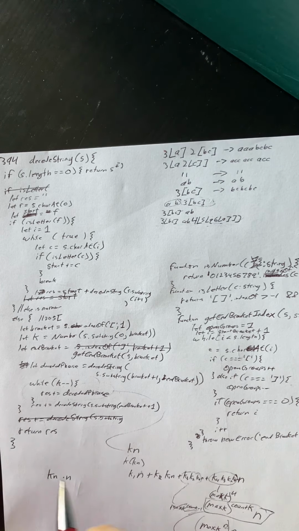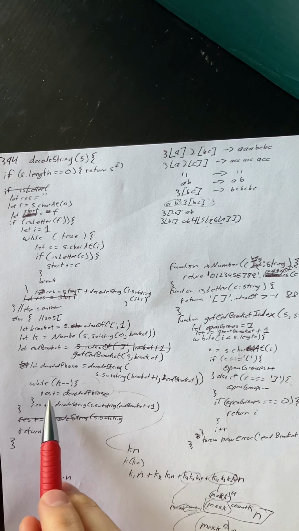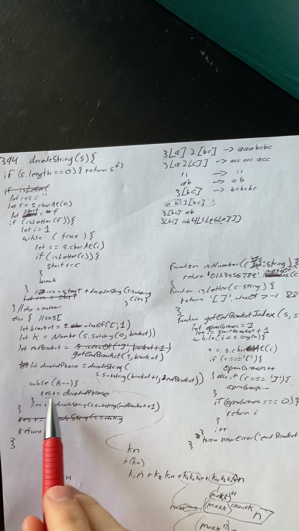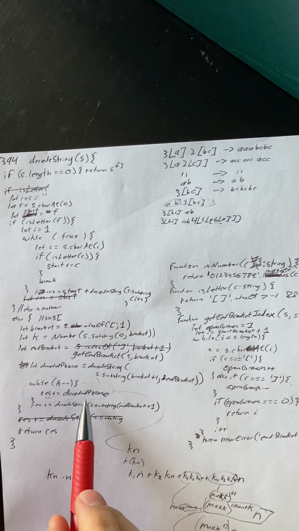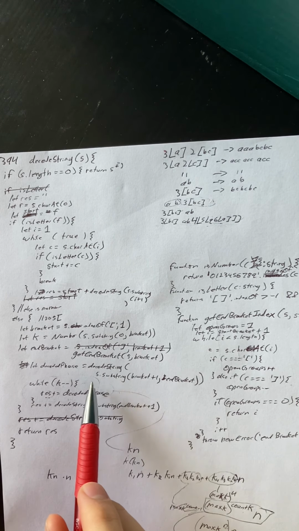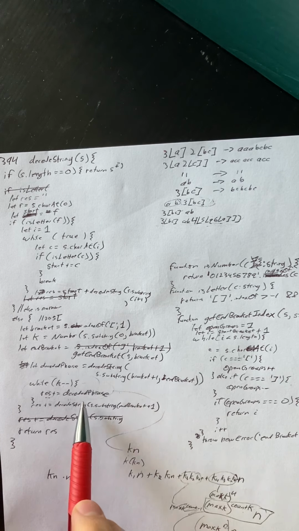That's not going to happen though, because the result variable of the decoded phrase doesn't get initialized until after the recursive call for that portion of the string. You might think, oh, there's 2 decode string calls.